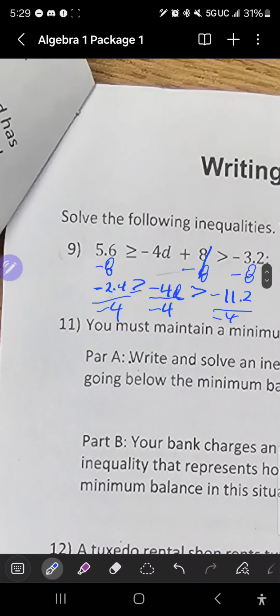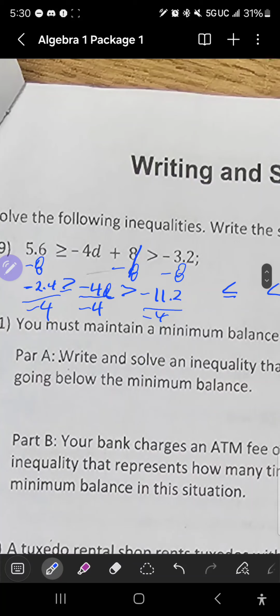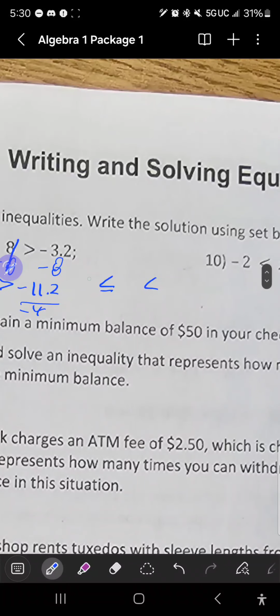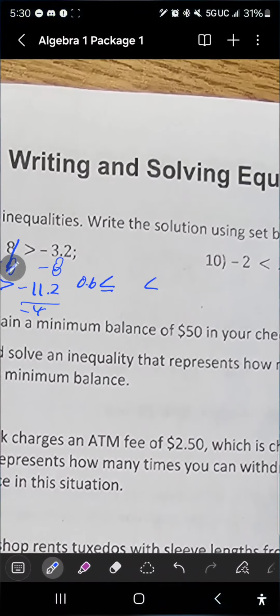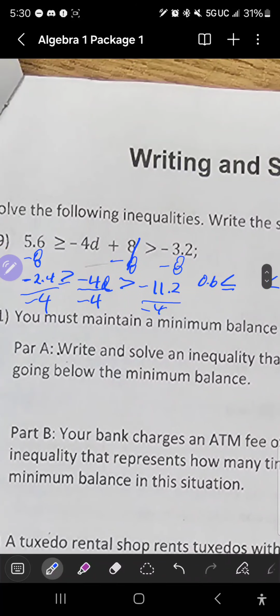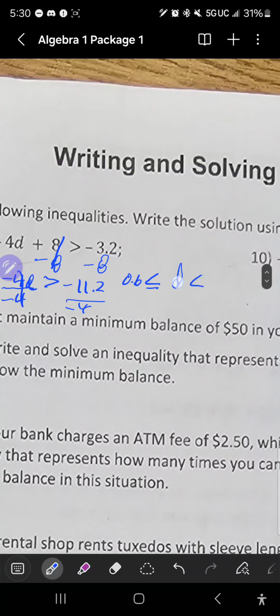And when we divide negative 2.4 by negative 4, we know that our result is going to be positive, since they both have the same sign, and every time we multiply or divide numbers with the same sign, our result is positive. So 2.4 divided by 4, it must be 0.6. Let me check right now. Yeah, it's 0.6. So this cancels and we just have t in the middle.